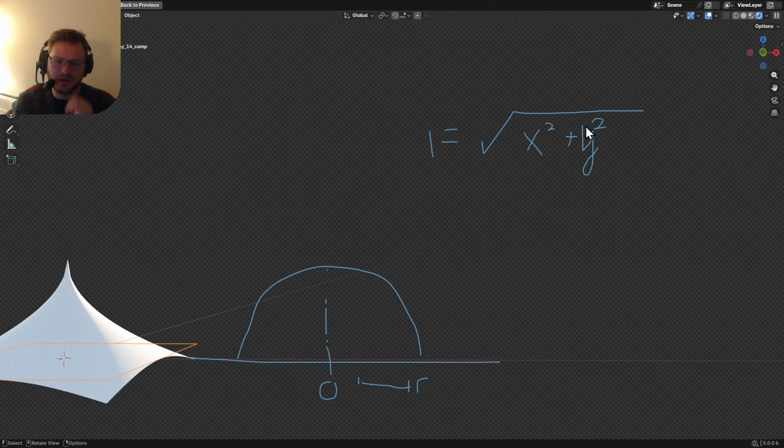So again, the question is, how do I map that? It's simple, but it's breaking my brain a little. That is equal to r squared. Well, we know how to compute radius. That's the length of the position. That's easy.